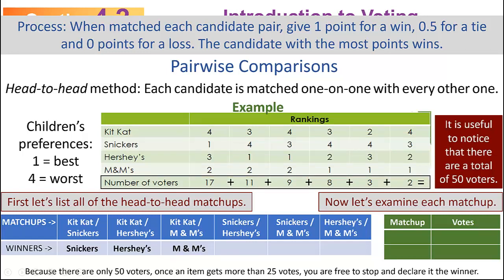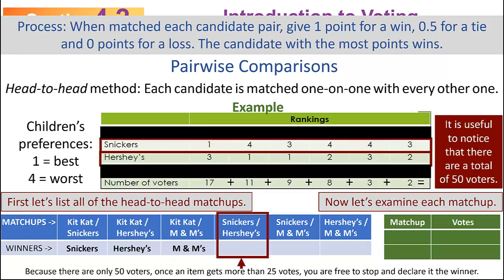Next is Snickers versus Hershey's. If you look in column 1, you'll see that 1 beats 3, so Snickers wins 17 votes. Next, 1 beats 4, so Hershey's wins 11 votes. The next column, 1 beats 3, so Hershey's wins again, 9 votes.